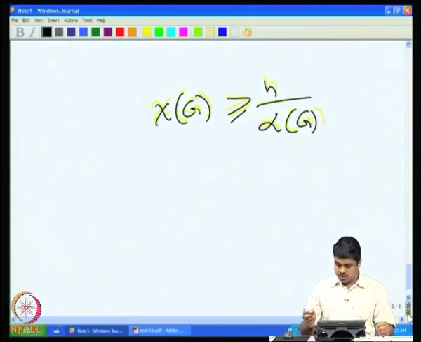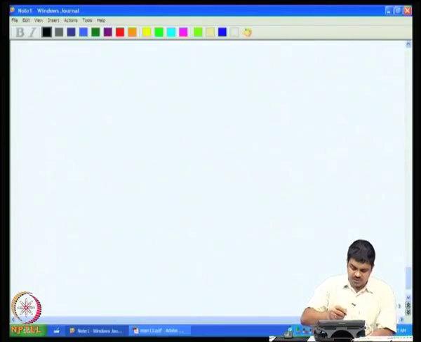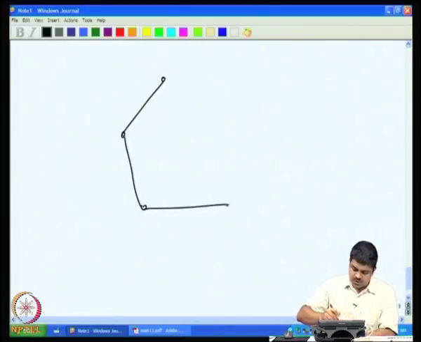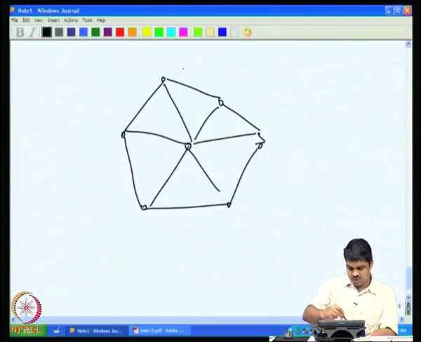Now, of course you can take some more complicated examples. For instance, if there is a wheel, how many colors are required? It depends on how many colors are required on the rim. The middle vertex will always require a new color.